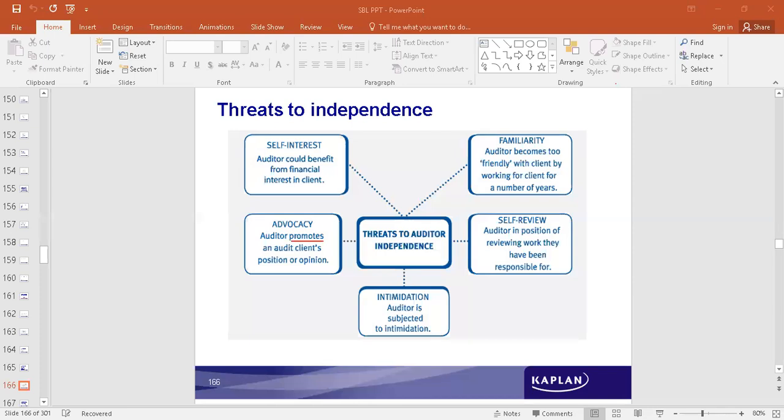Why would the auditor promote the client? 100 odd students are there, and you don't know the answer. Generally think and tell me.